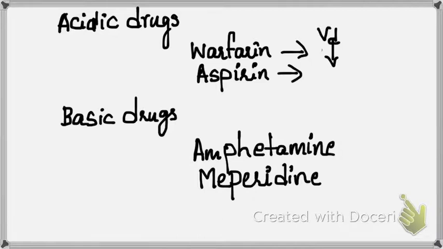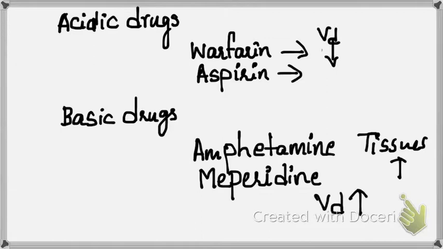And basic drugs like amphetamine and meperidine are extensively taken up by the tissues. So, less drug remains in the circulation, and they have a larger apparent volume of distribution. The apparent volume of distribution tells us how extensively the drug moves into the tissues or remains in the plasma.